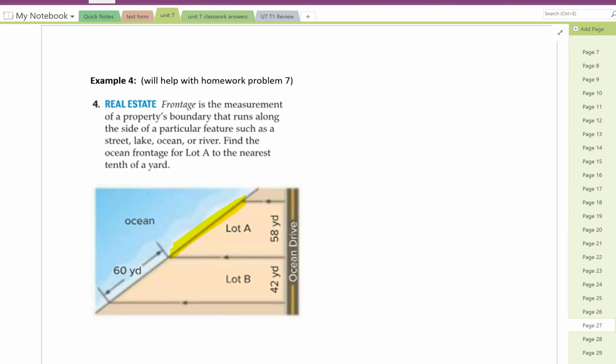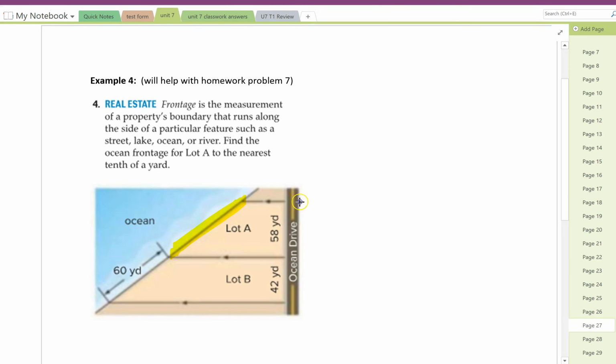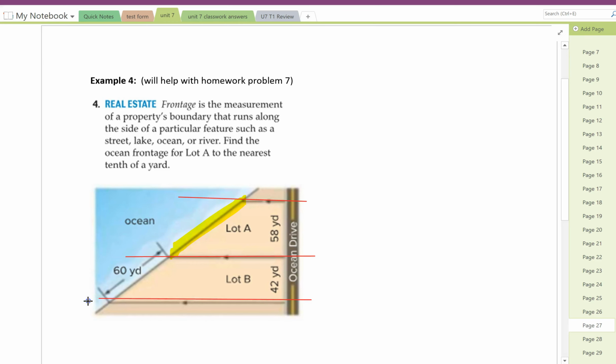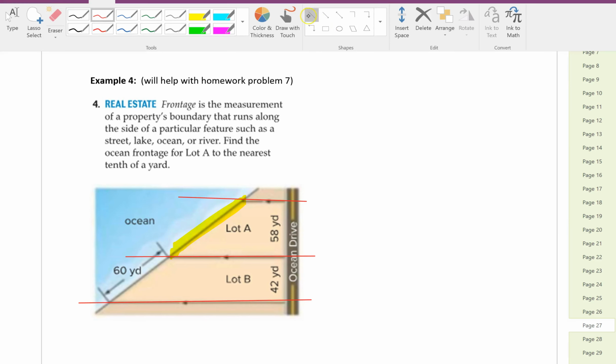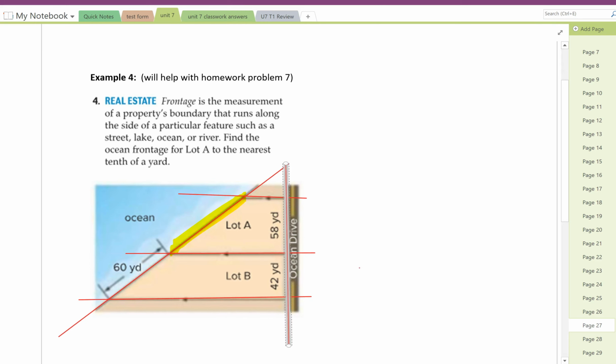What we have to do to solve this one is see that you have 3 parallel lines here. These are basically just the lines that divide this beach up into lots owned by different people. And then you have a couple of transversals. One of them is just the shore line, basically. The other transversal is Ocean Drive here.